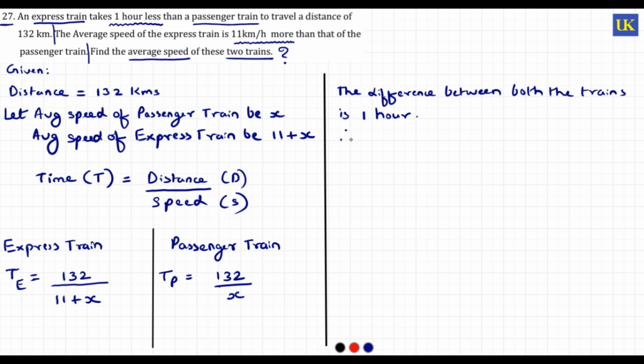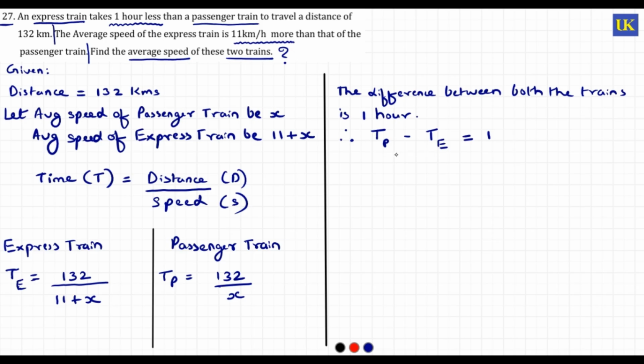So therefore I can say that time of passenger train minus time of express train is equal to 1, because the time of the passenger train will be 1 hour more when compared to the time of the express train, right?